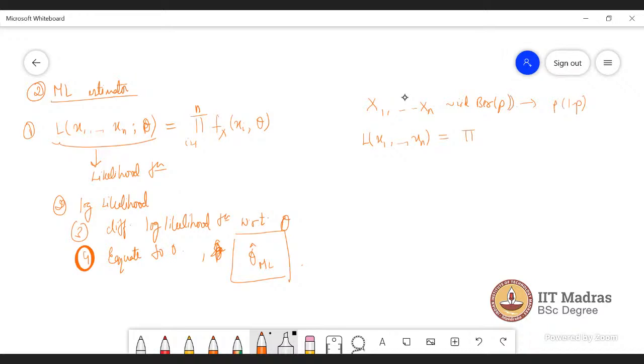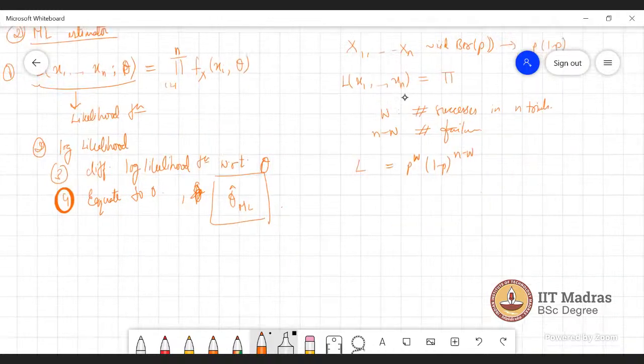Let us say W represents the number of successes in n trials, and n minus W is the number of failures. So I can write the likelihood function L to be p to the power W, since we have observed the success W times, and the failure is given by 1 minus p to the power n minus W times. So this is our likelihood function.